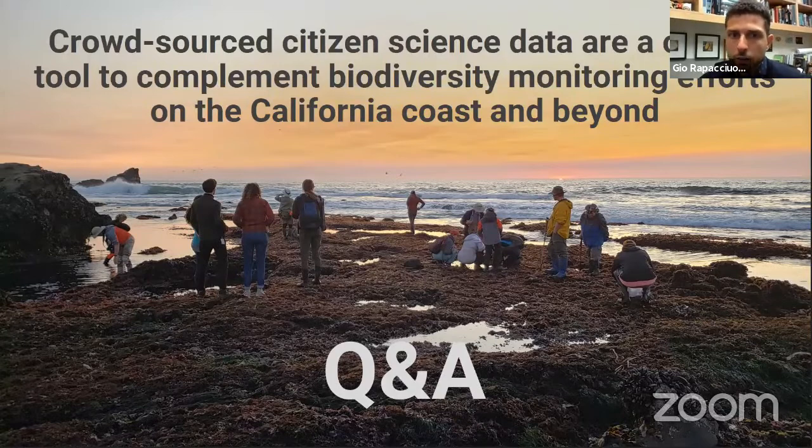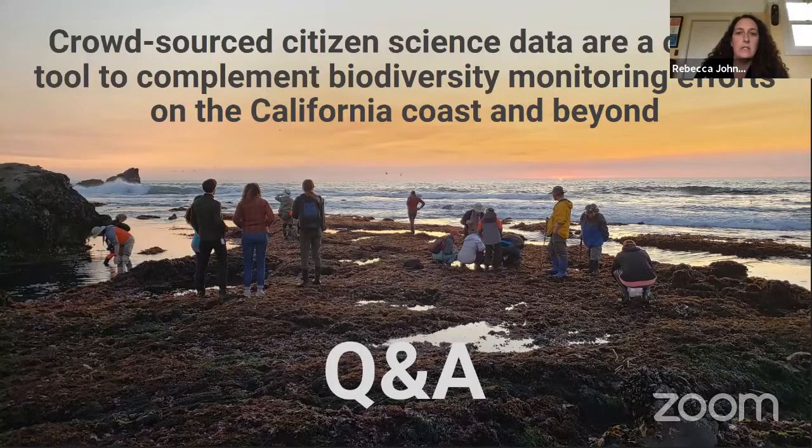I don't know if Rebecca or Allison, you want to say something about inland initiatives? Sure, I'm happy to start out. The work that Gio talked about today is our coastal work, but within our team we work all over California, and we also have a project called City Nature Challenge that collects data from city and metro areas all over the world, terrestrial and along the coast.